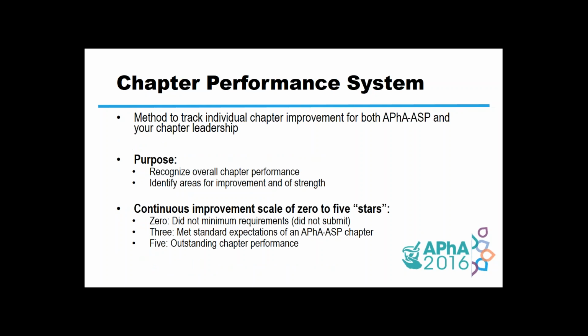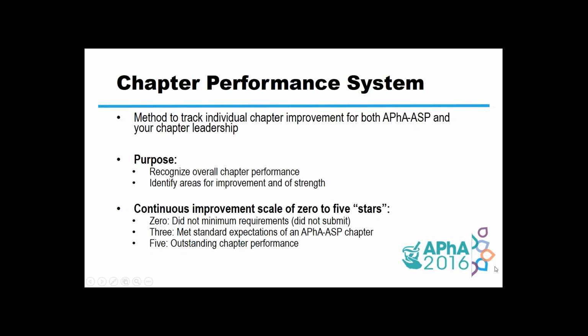So the chapter performance system is a method to track individual chapter improvement for both APhA-ASP as well as your chapter leadership. So the purpose is to recognize overall chapter performance and identify areas for strength as well as areas for improvement.